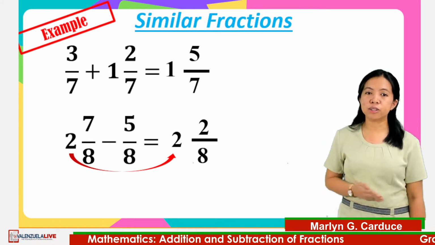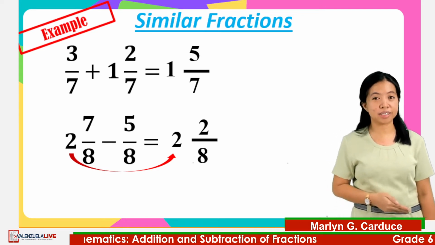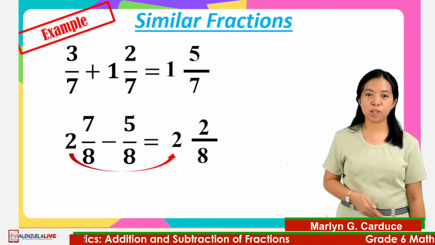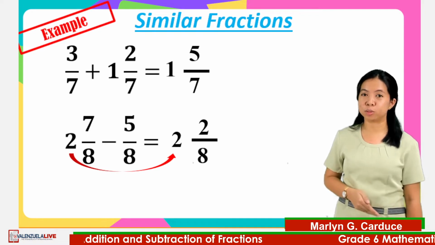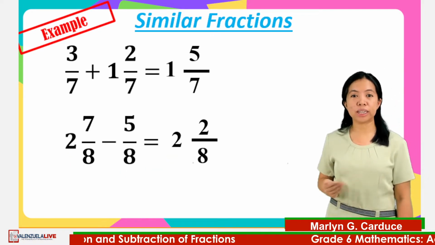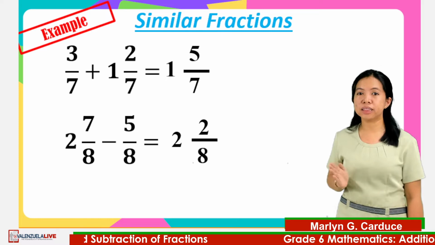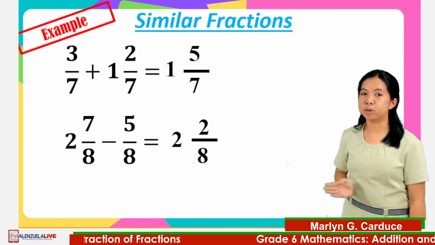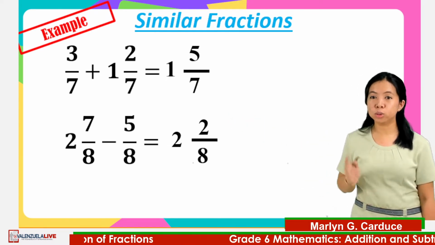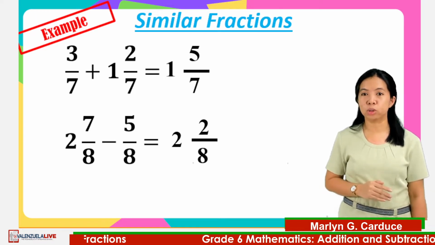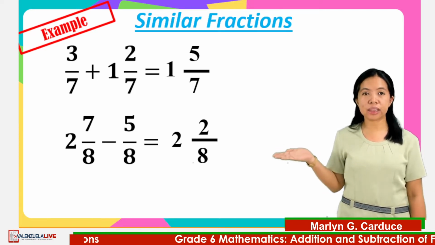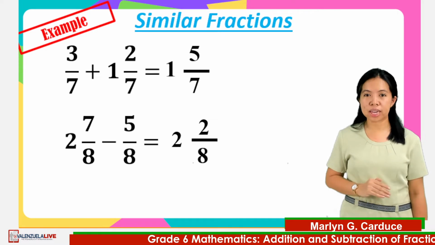Since the other fraction doesn't have a whole number, we will just write it as 2, or we can assume that this part here is 0. So when we subtract 2 to 0, the answer is 2. And we get 2 and 2/8.